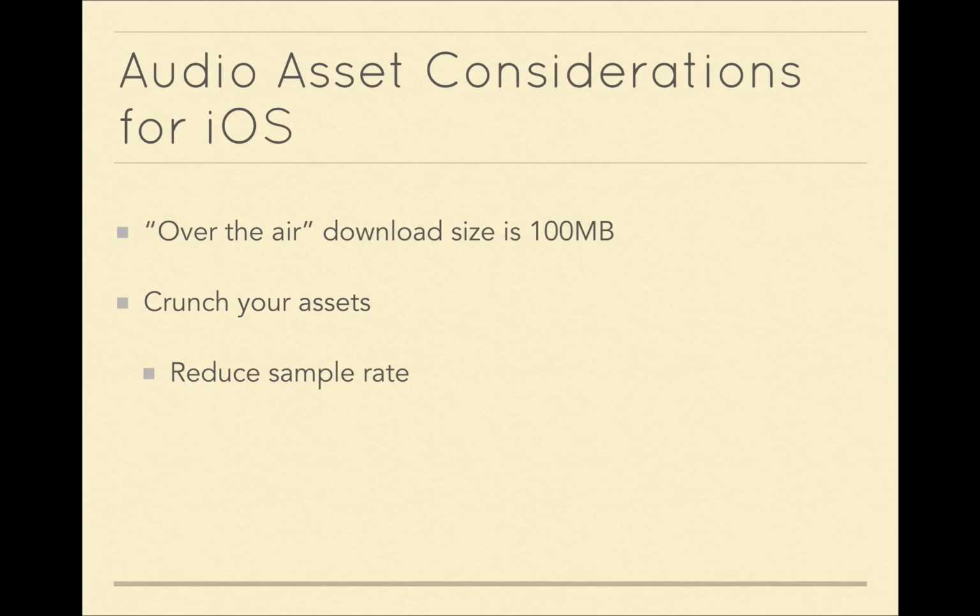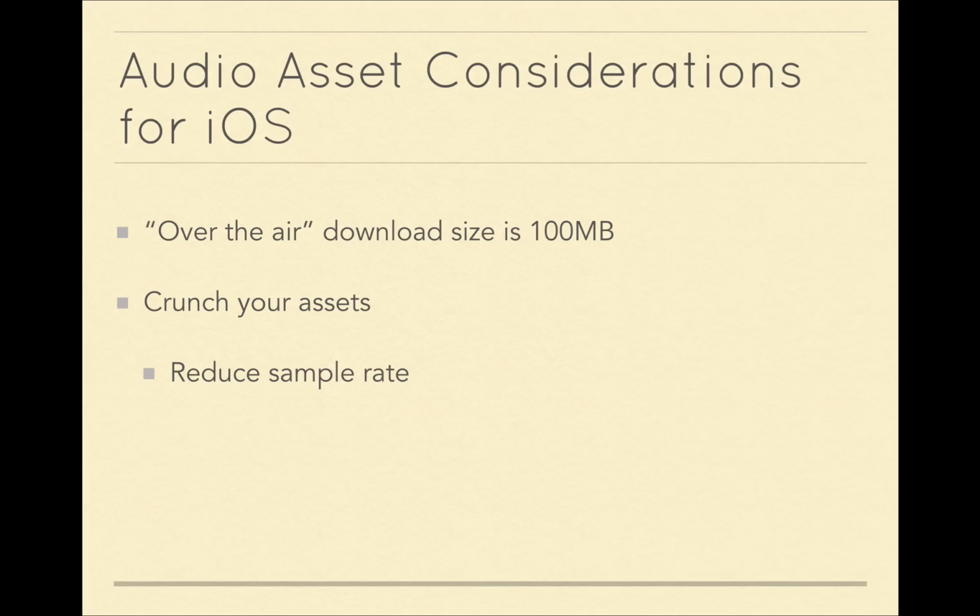Now, the way that sample rate works, the highest frequency that can be represented in an audio waveform is half the sample rate. So if that's the first time you've heard about this, then look it up. It's called the Nyquist theorem. And what that means is that at a sample rate of 44.1 kilohertz, which is CD quality, the highest frequency that can be played back is 22 kilohertz, 22,050 hertz.